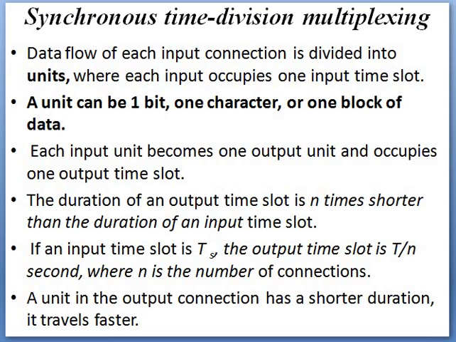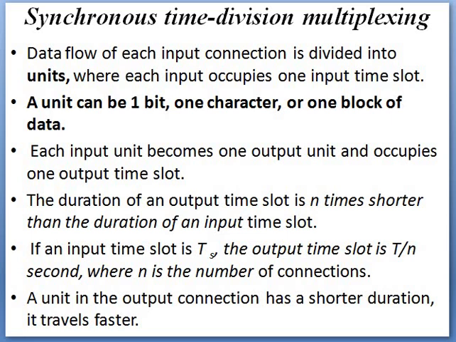The duration of an output time slot is n times shorter than the duration of an input time slot. If an input time slot is T seconds, then the output time slot is T by n seconds, where n is the number of connections.